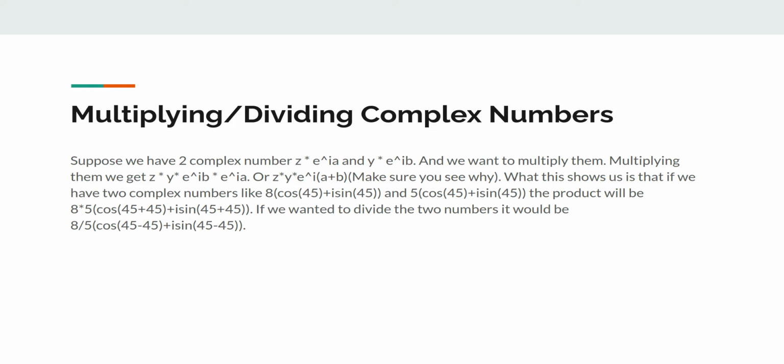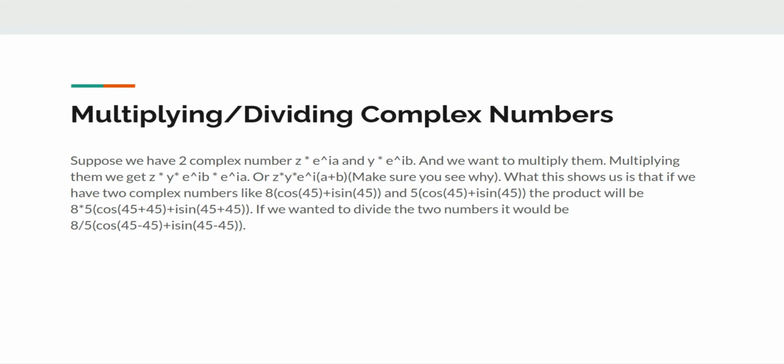Okay. Multiplying and dividing complex numbers. This is the reason that form of complex numbers is more useful. If you have two complex numbers, z times e to the ia and y times e to the ib, and you want to multiply them, you write it as z times y times e to the ib times e to the ia. Do you get this so far?